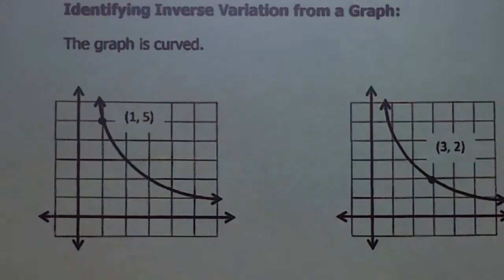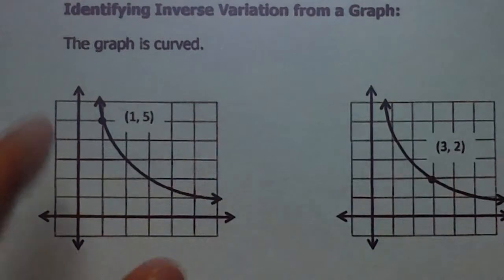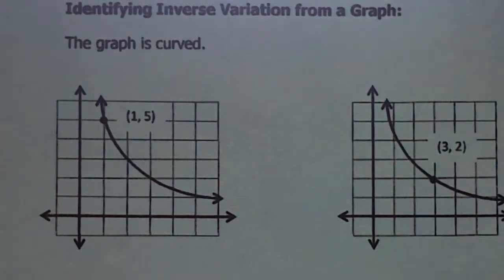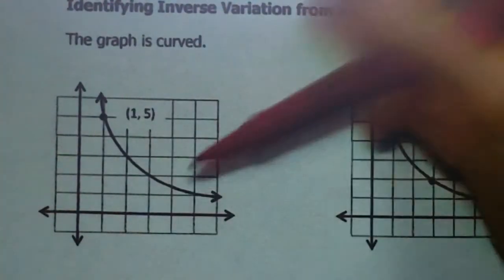It cannot touch that. And we'll talk more in class about why that happens. We're going to do a little exploration with rectangles if we haven't already done so yet, that will explain it a little bit better. But basically, this is not a straight line. This will never touch 0, 0, because this is not direct variation, it's inverse variation. So an inverse, it's going to be a nice curve.